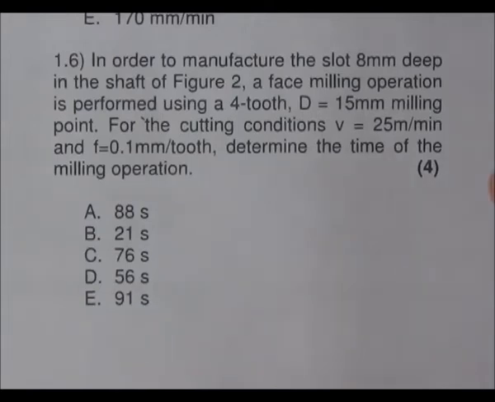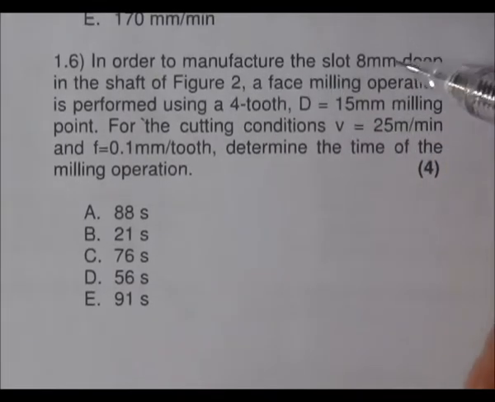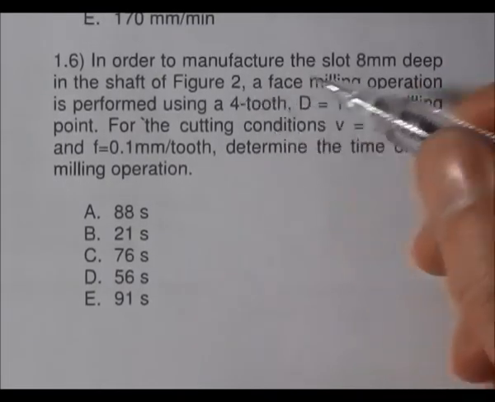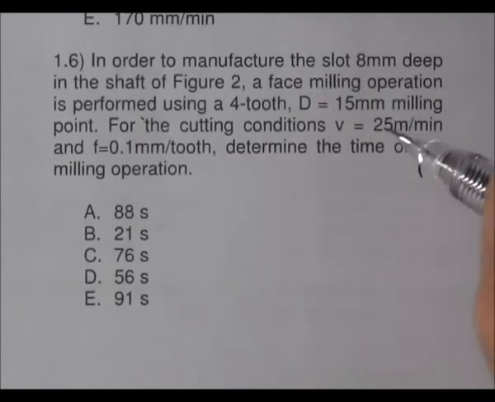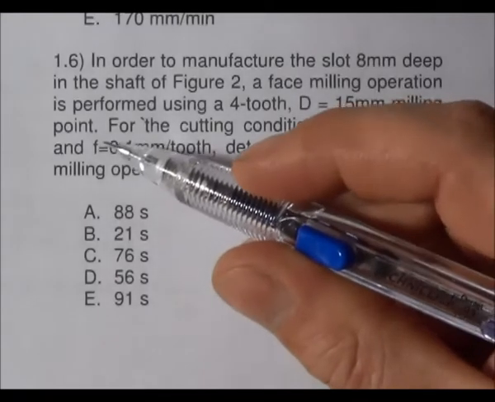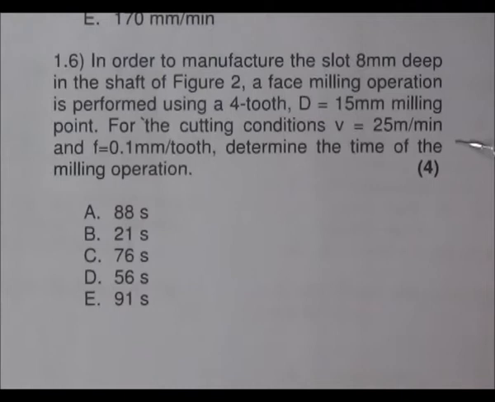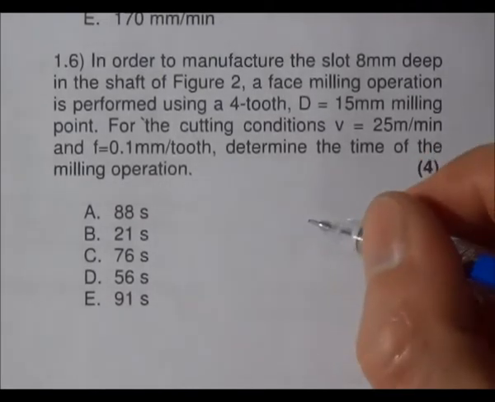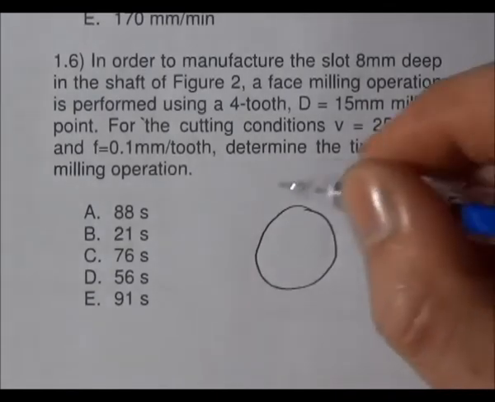Question 1.6. In order to manufacture the slot 8 mm deep in the shaft of figure 2, a face milling operation is performed using a 4-tooth 15 mm diameter milling cutter. For the cutting conditions V equal to 25 meters per minute and our chip load F is equal to 0.1 millimeter per tooth. Determine the time for the milling operation. So, in milling, I would always recommend that you draw the picture.